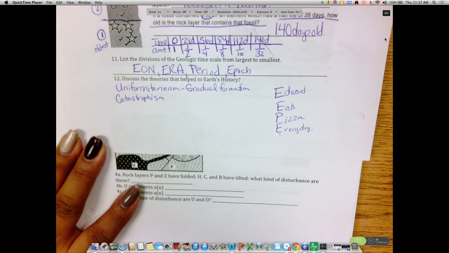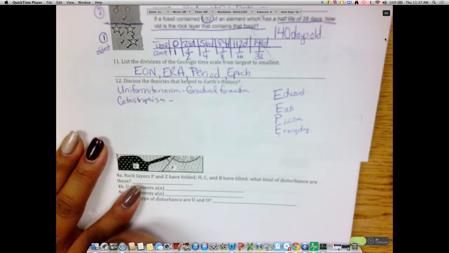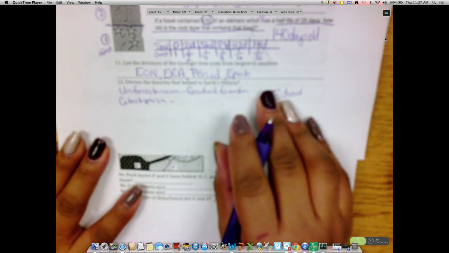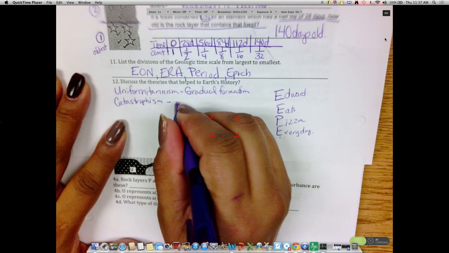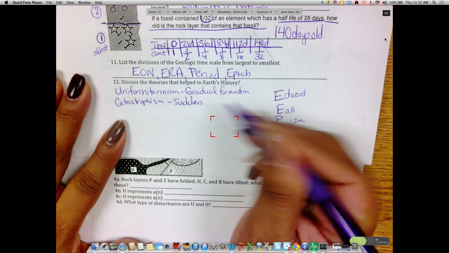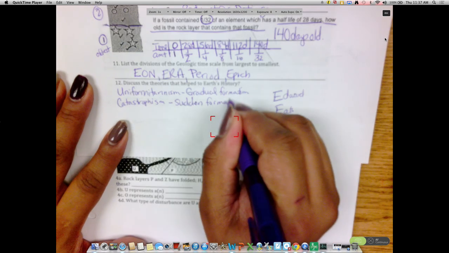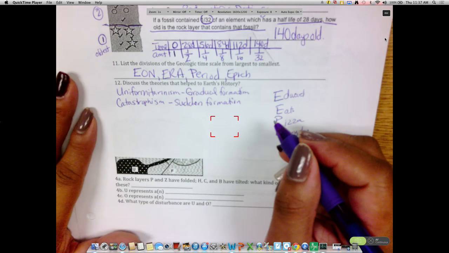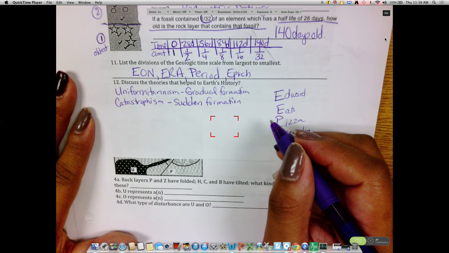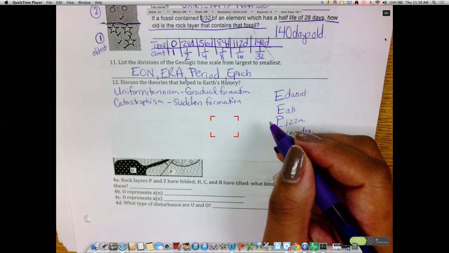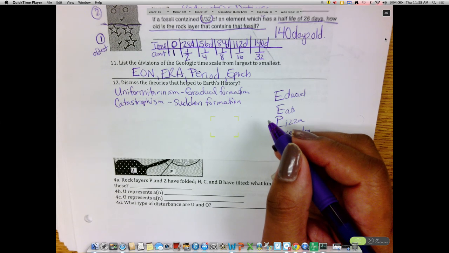Catastrophism said what, Drew? That it happened faster, and it was usually natural disasters. So that would not be gradual, but sudden. It's more of a sudden formation, like natural disasters. But what was the overall assumption of how the Earth was formed?